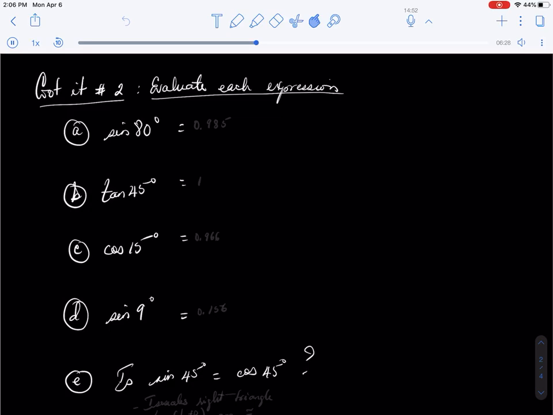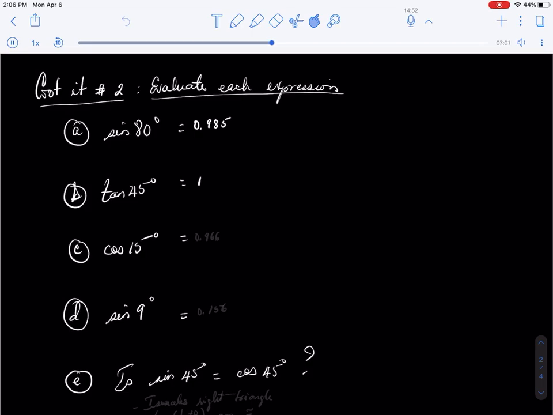Did it ask me to round anything? I'm going to round to the nearest thousandth, so it's going to give me 0.985. As far as tangent 45, it will be a 1. For cosine 15, you should have cosine and then 15 degrees, or 15 and then cosine.